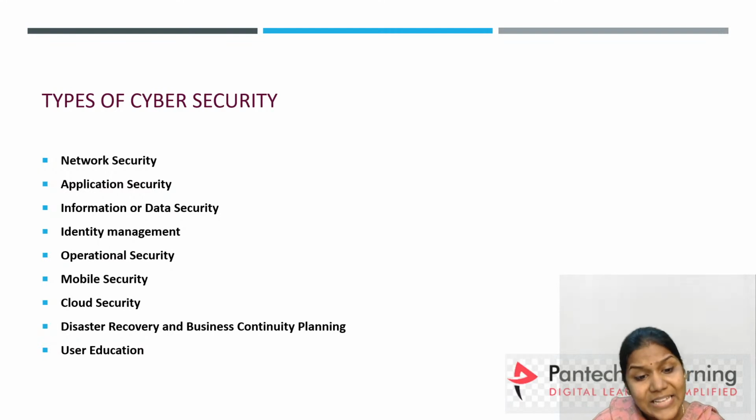Disaster recovery and business continuity planning. One other type of cyber security is disaster recovery and business continuity planning, where we secure information for securing business tricks or business tenders like that. Next, education.